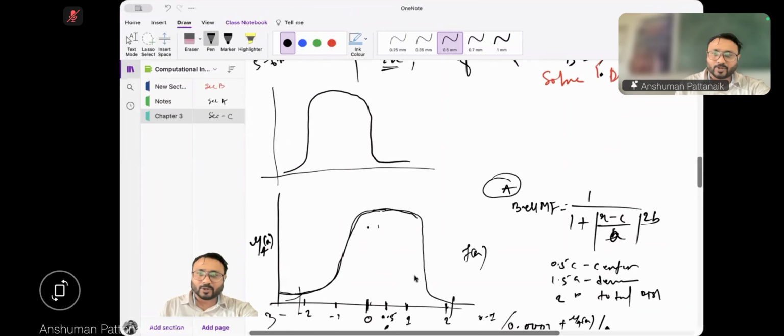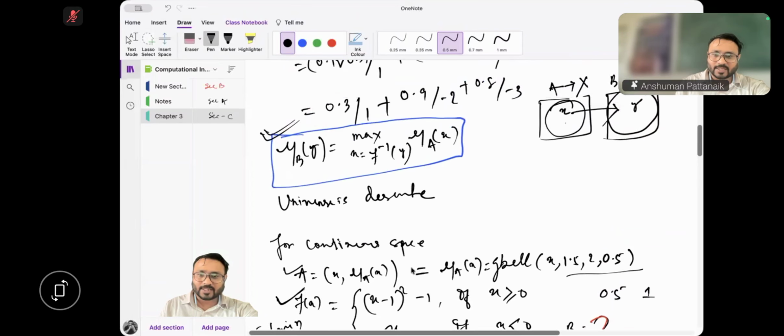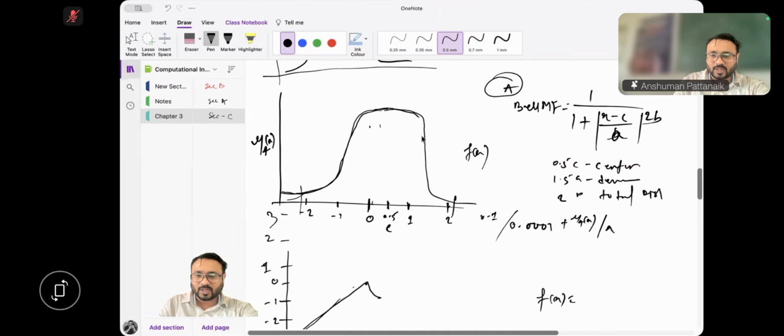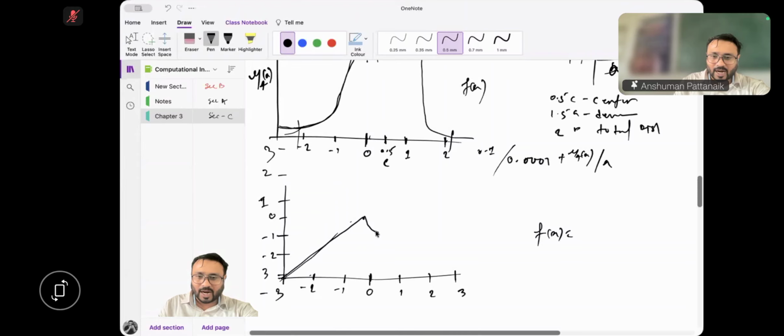Then x value 2. X value 2 होगा तो क्या होगा? 2 minus 1 is 1. 1 square is 1. 1 minus 1 is 0. Then it will come back again at 2. Again it will be 0 as it is. Then from 3 onwards it will grow. This graph will look like this. Yes or no?